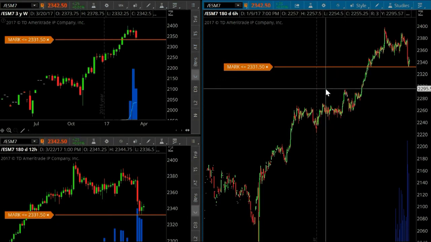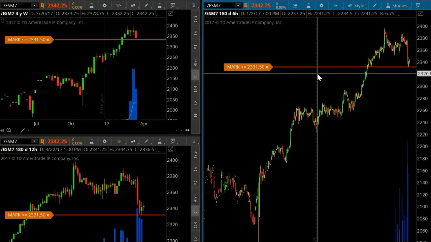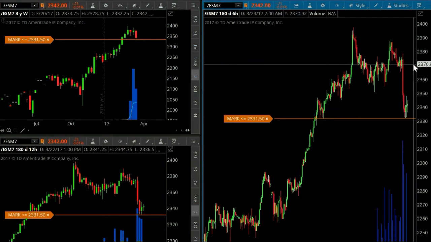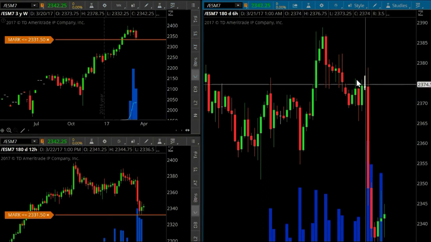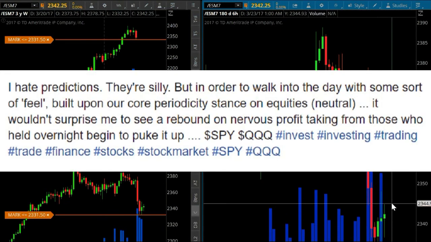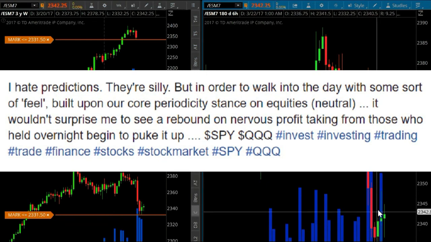Sometimes, yes, the trend, you define your periodicity, as we were saying. However, remember this is an auction. So how in the name of God, after that sell-off, did I say I wouldn't be surprised to see a rebound, which is exactly what we've gotten? Is it because Dan can predict the future? Because Dan is so wise? Because Dan has some secret tool? No. Two things happened.